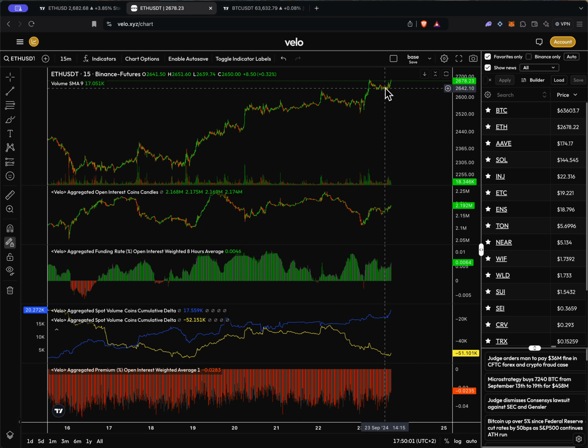So in this zone it started increasing, so people are buying spot quite a lot, and now it's almost about to go vertical.